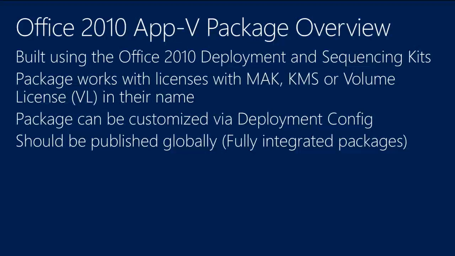We've made some improvements to Office 2010 running on App-V 5.0, utilizing some of the application extension points that we've created with 5.0. We've created a way for you to really utilize that and create a better Office 2010 experience running App-V 5.0. If you don't want fully integrated, there's a way, and if you go through the instructions, it'll show you how to create either a fully integrated package or not. But if you don't want the fully integrated one, then you can publish per user, and the apps will work.